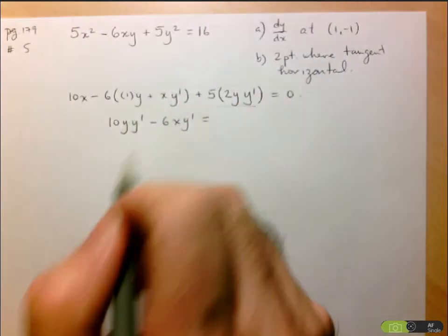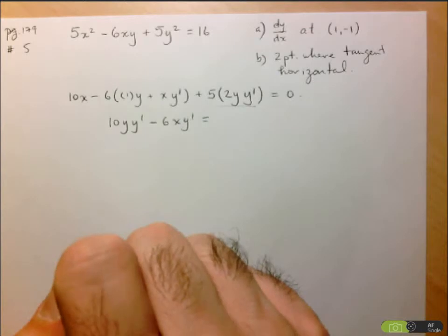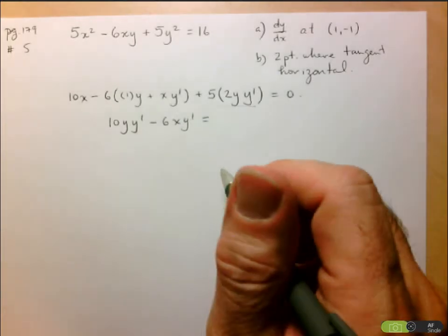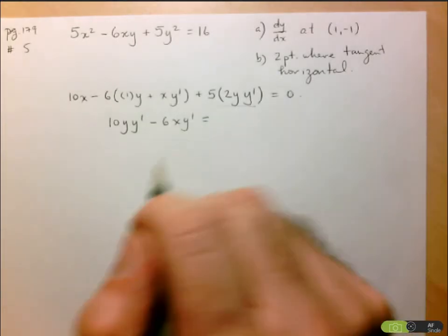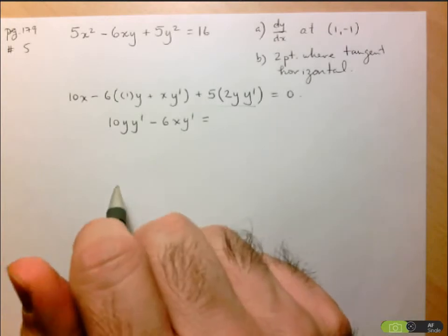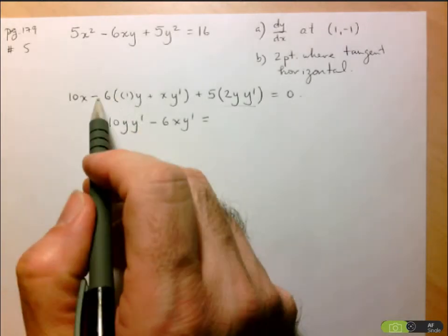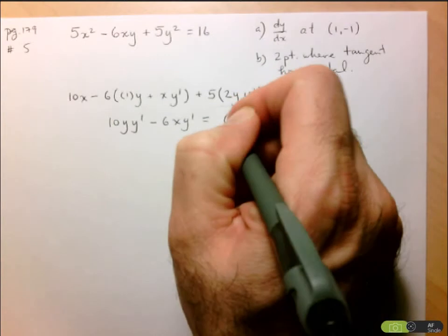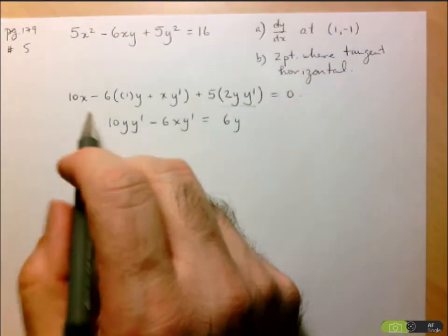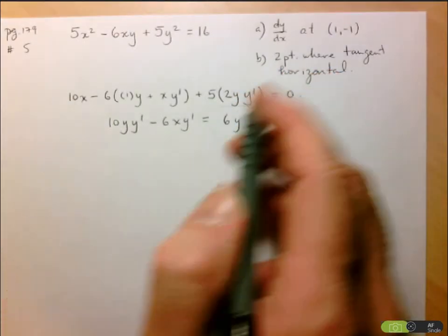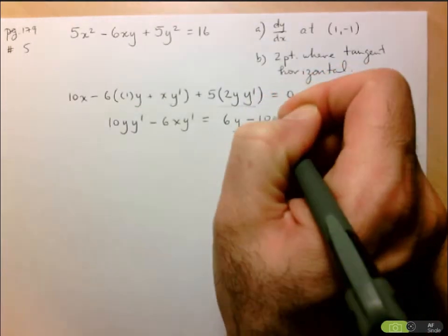Just set it up so I have the subtraction afterwards, and we're going to take the other two expressions, the ones that don't have y prime, and bring them to the other side of the equation. So we've got the minus 6y, so bring it to the other side, 6y, and then here the 10x, so to the other side, minus 10x.